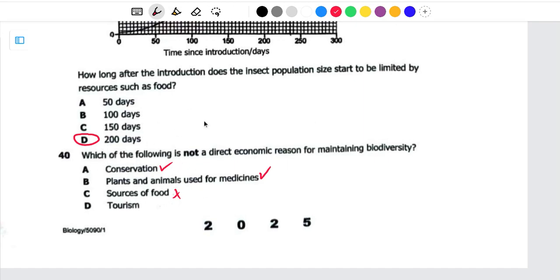So that one is going to lead to tourism, which is also an economic reason. But when it comes to food, source of food, yeah, of course, it can be, but it is not directly a source of the direct way of economy. All right. So meaning to say the answer is just going to be D.